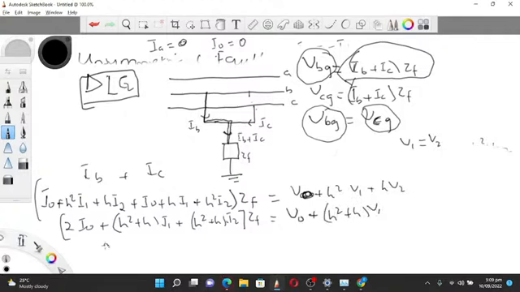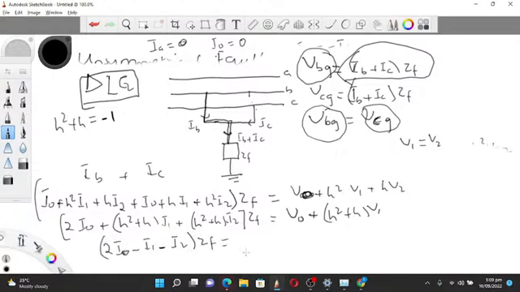So this gives us 2I0 plus, you should know that H squared plus H will give you -1. So this will give us 2I0 minus I1 minus I2, all times ZF.